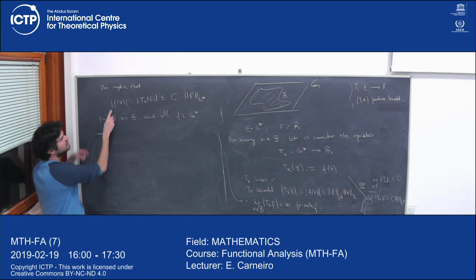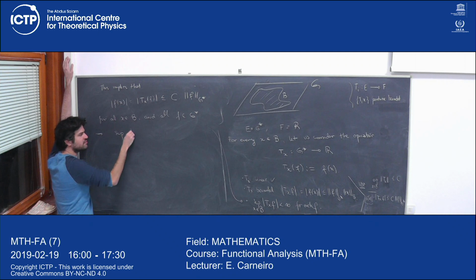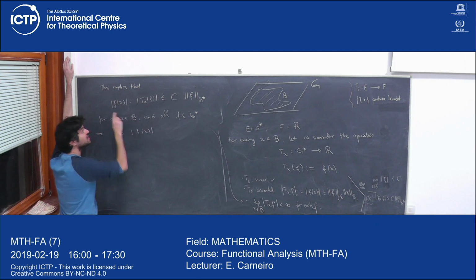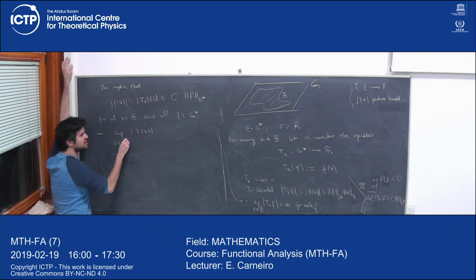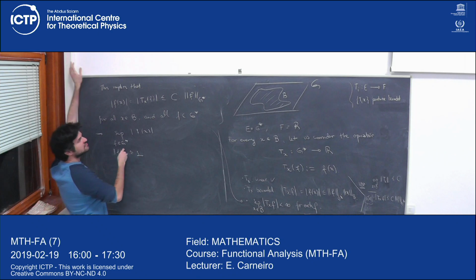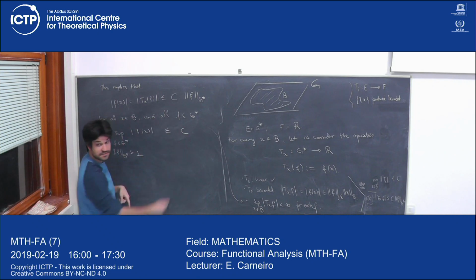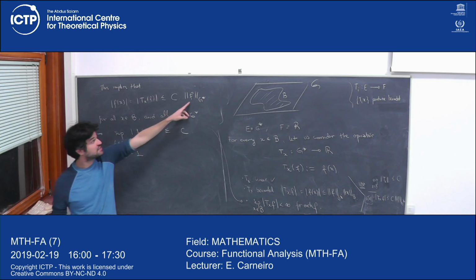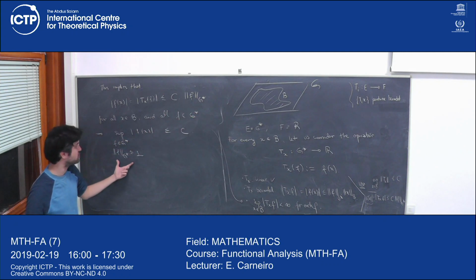This means that if I take the supremum of |f(x)| over all f in G star with norm less than or equal to 1, this is less than or equal to c, if I restrict myself to functionals with norm less than or equal to 1.